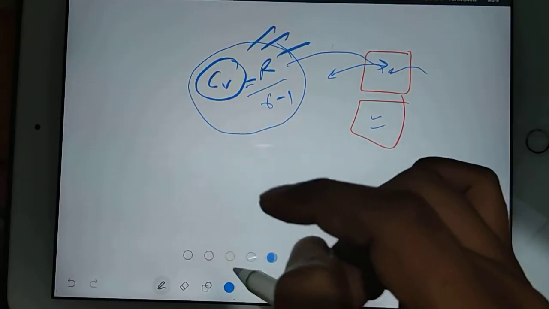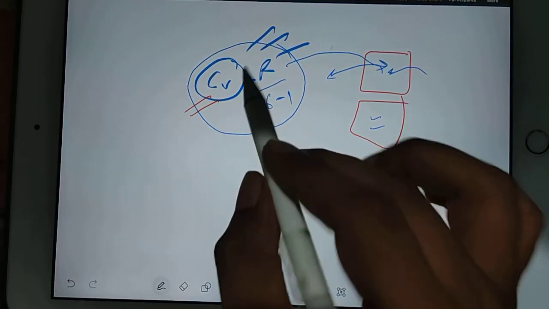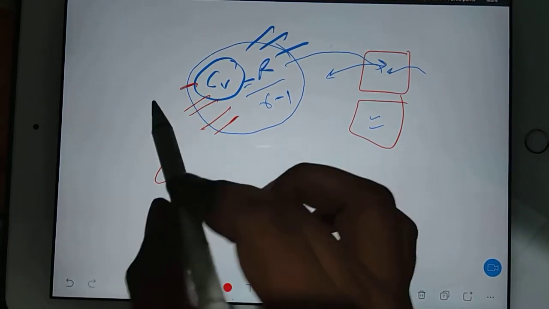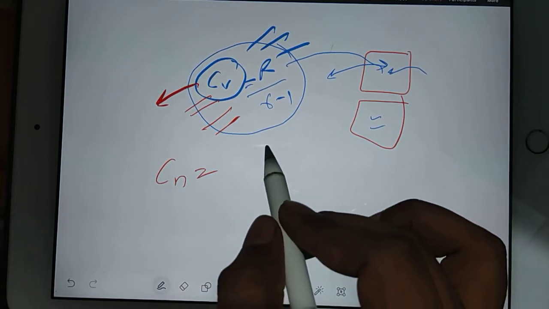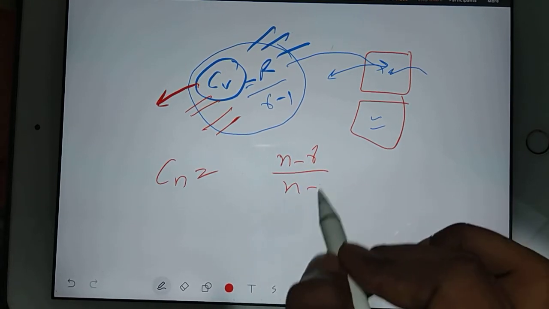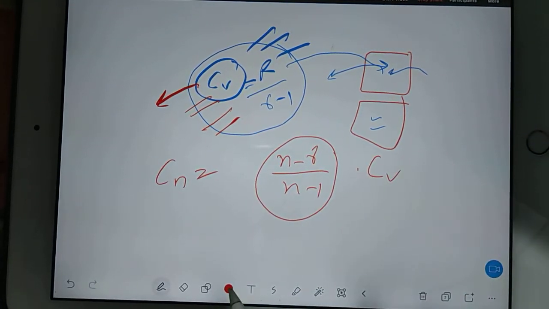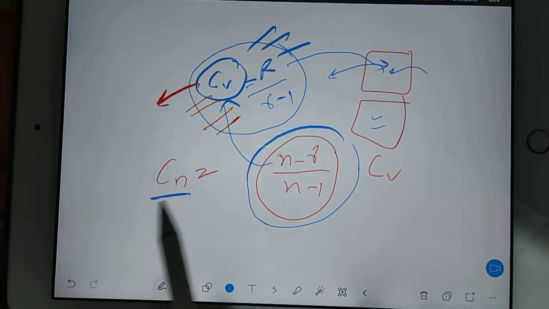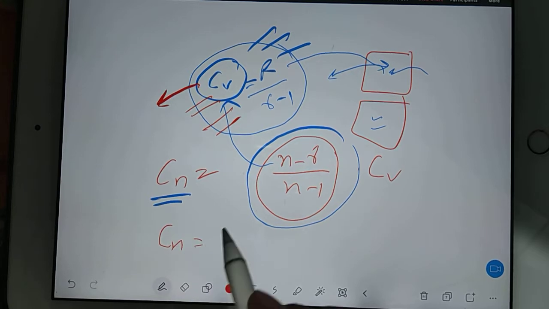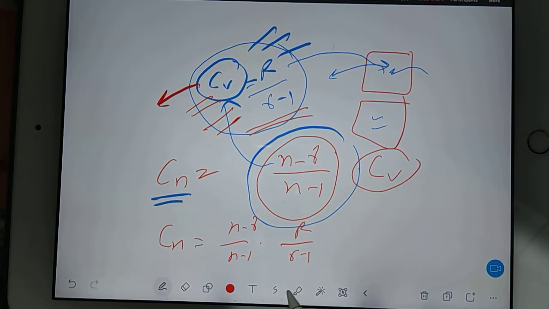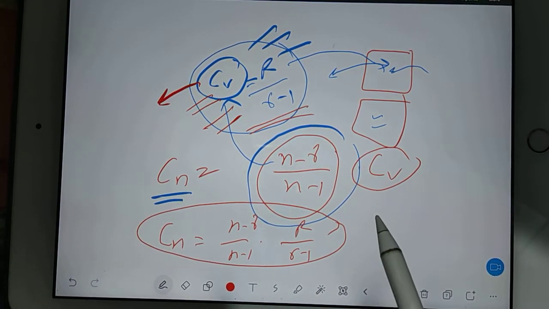Any process, does not matter. So you got Cv. Now using Cv you find Cn. It will be n minus gamma divided by n minus 1 times Cv. When you multiply this value with Cv, you get Cn. It means Cn has a separate formula: n minus gamma over n minus 1 into R by gamma minus 1, because the Cv value is R by gamma minus 1. So this became your Cn formula.